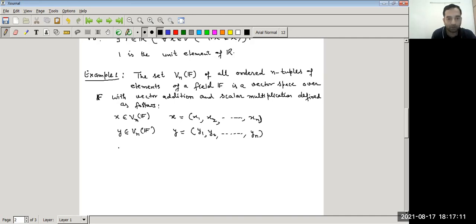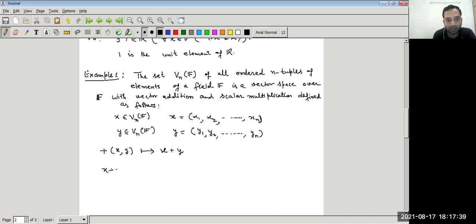First we define addition. For x, y, how can we define addition? This will be x plus y. So how is x plus y defined?